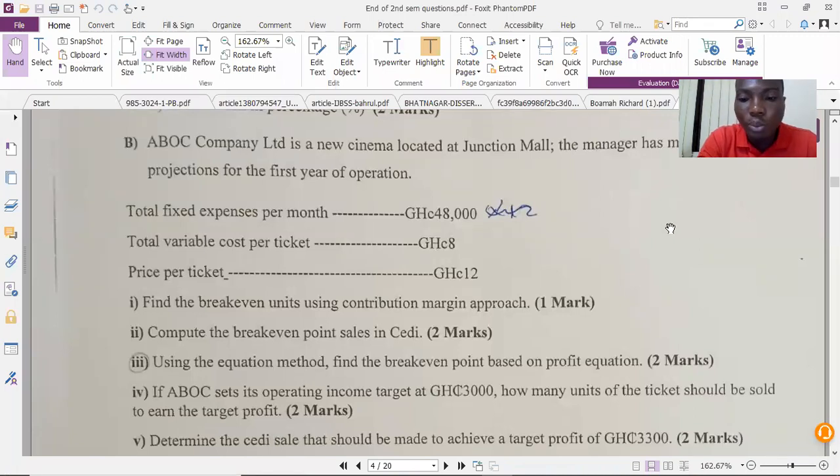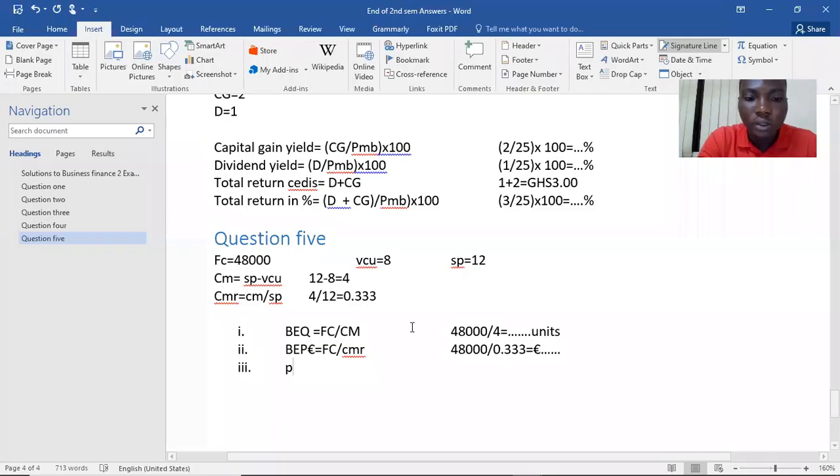Okay, so you are finding the profit level units. Our profit level units is equal to the fixed cost plus the target profit, all divided by selling price minus variable cost per unit.